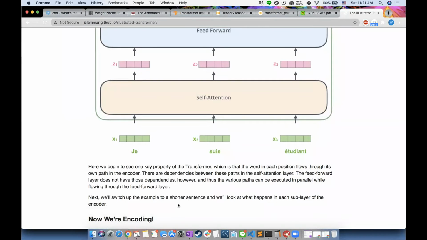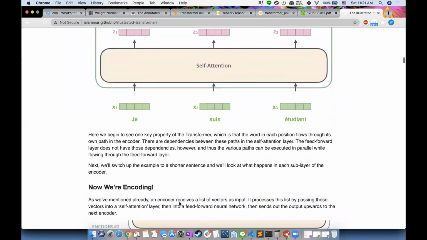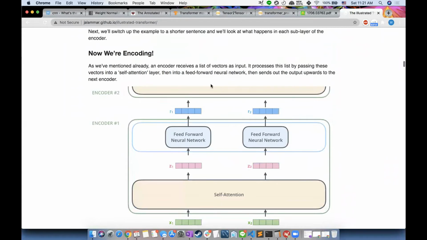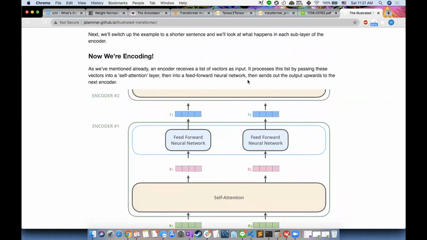Now we're encoding. As we've mentioned already, an encoder receives a list of vectors as input. That would just mean, if we have a bunch of words, then it would be a list of these vectors.